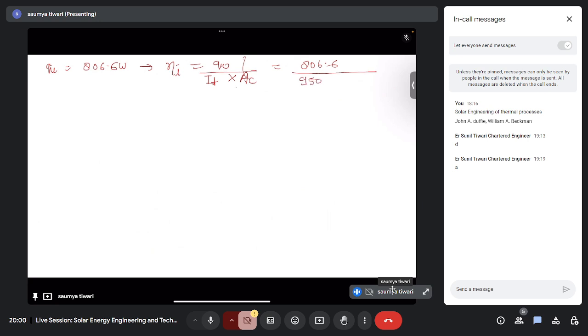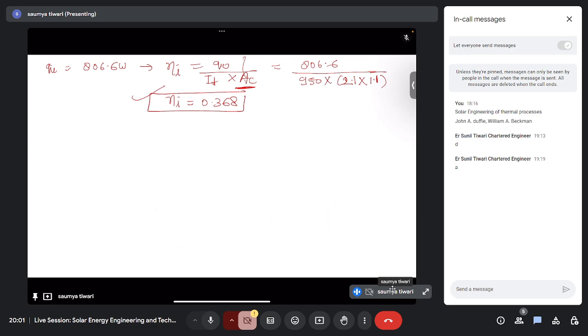Note that the area here is taken for the collector, it's not for the absorber plate. So now the area will be 1.1 into 2.1. The 2.1 was the length and 1.1 was the width of your collector. If you solve this, your instantaneous efficiency will come to be 0.368. So now we have calculated our performance parameter in terms of efficiency.